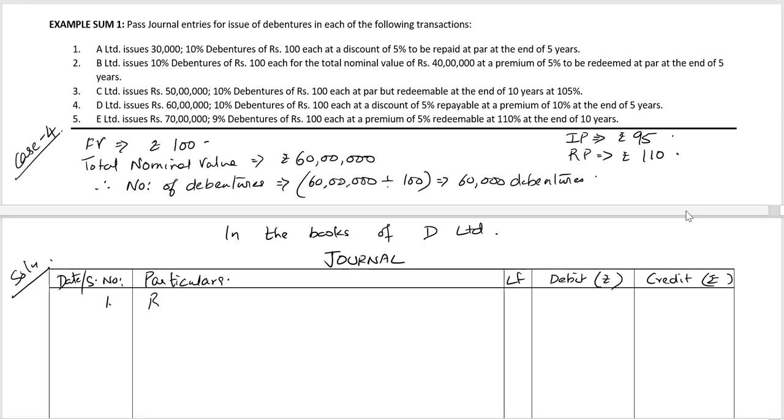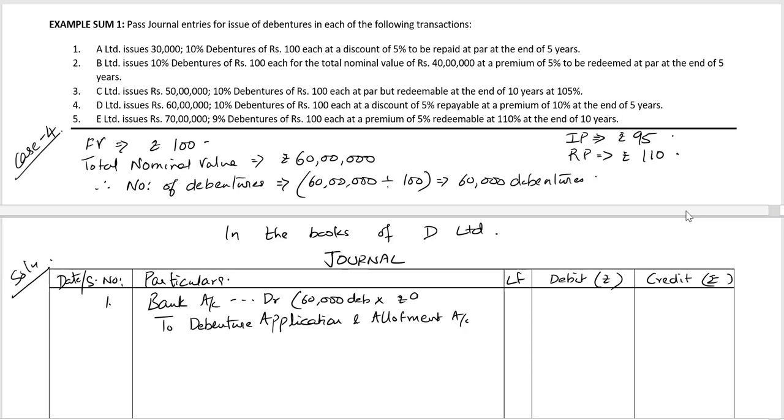The first entry for the application and allotment money received, bank account debit to debenture application and allotment account. The amount is 60,000 debentures multiplied by the issue price, rupees 95 per debenture, comes up to 57 lakh rupees.